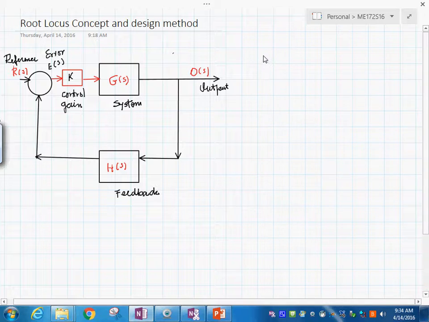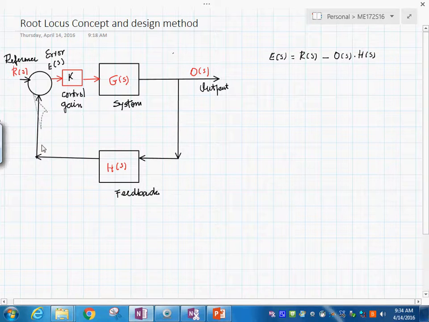Let me just say that the error is equal to the reference minus the output multiplied by the feedback. Do you see? That's how we figured out this error over here. Right?